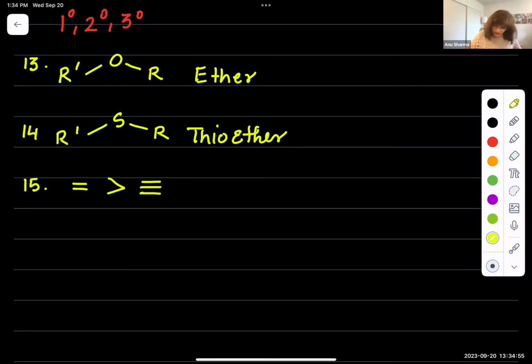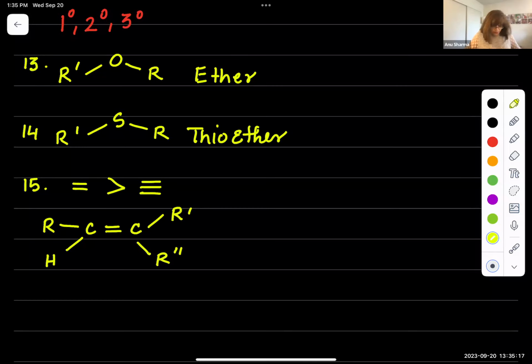So for example, you have R, C, H, double bond, C, and then some other group, R'. It doesn't matter about the triple bond.